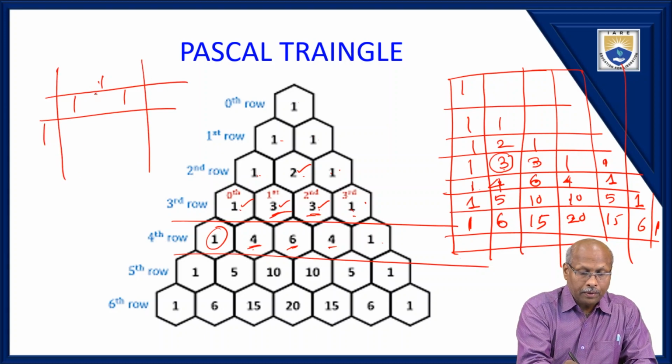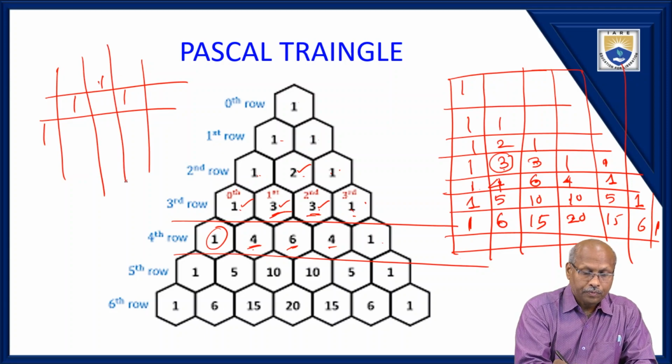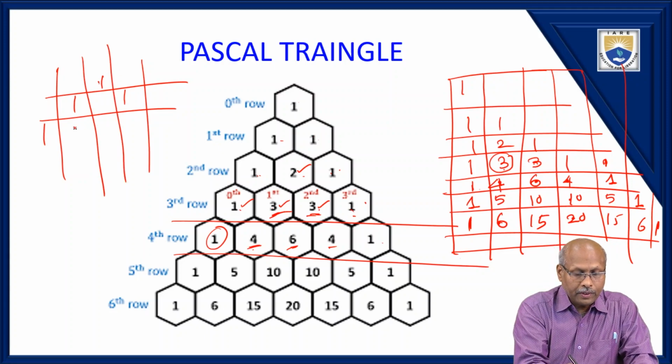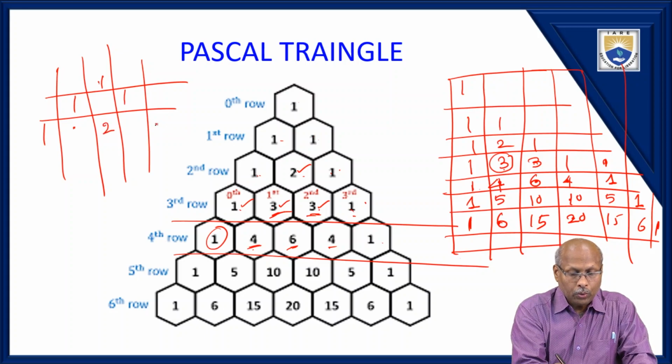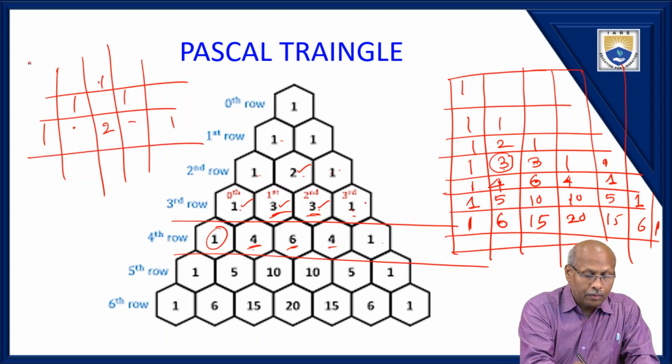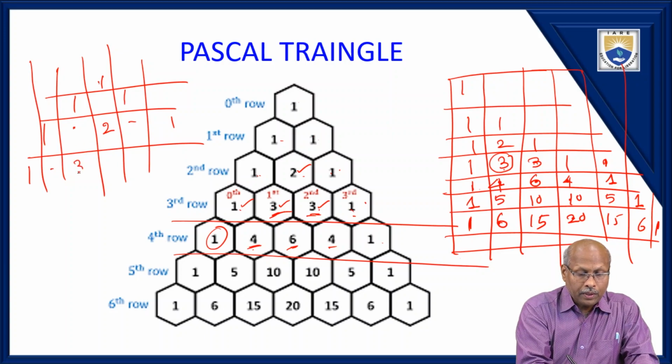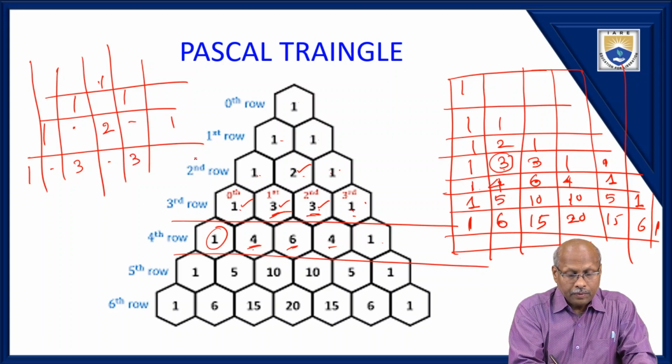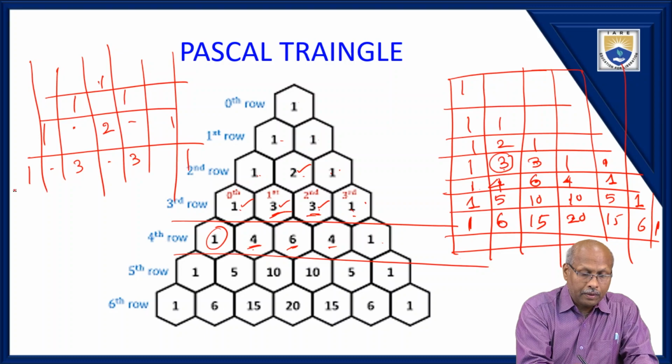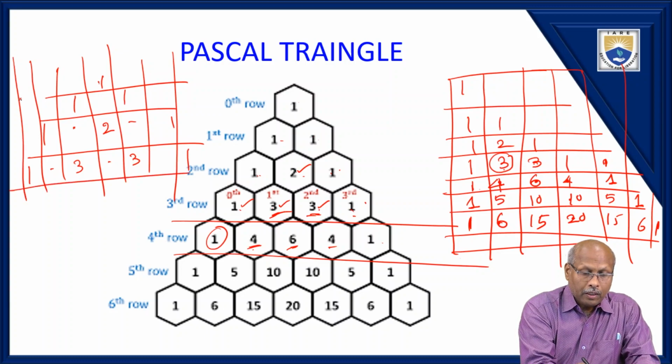Then this is 1, gap, then 2, gap, 1, then again 1 gap, then 1 plus 2, 3, 1 gap, 2 plus 1, 3, then gap, then 1. So that means if you observe here 1, 2, 3, here 1, 2, here 1.